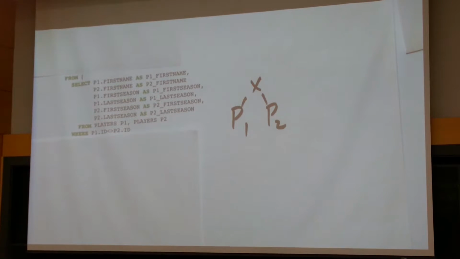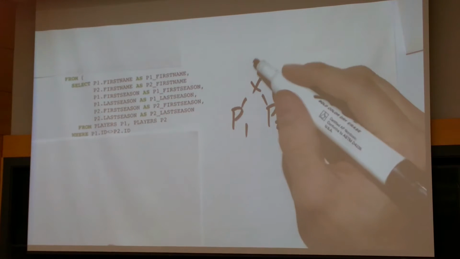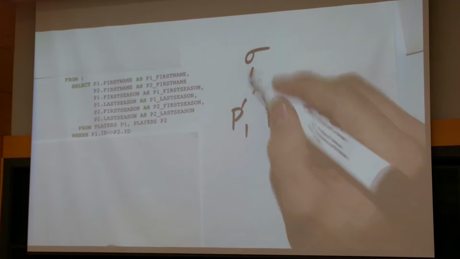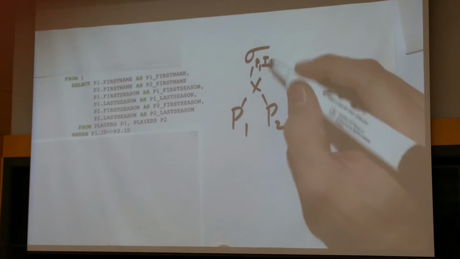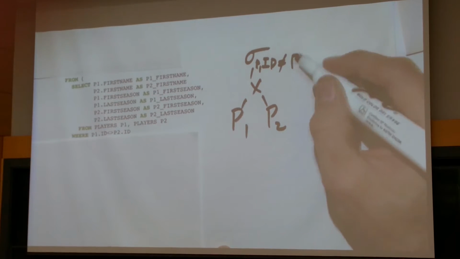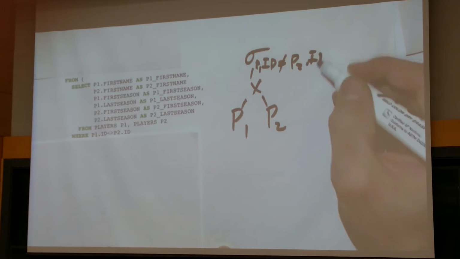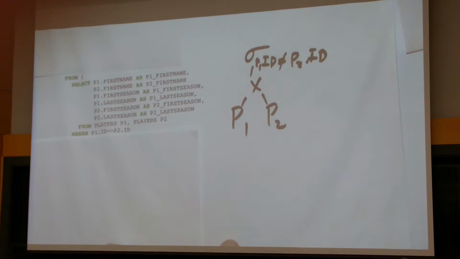All right, now that you have the cross product, what's next? Selection. Okay, what am I selecting? P1 ID not equal to P2 ID. So I want all pairs of distinct players. All right, and next?